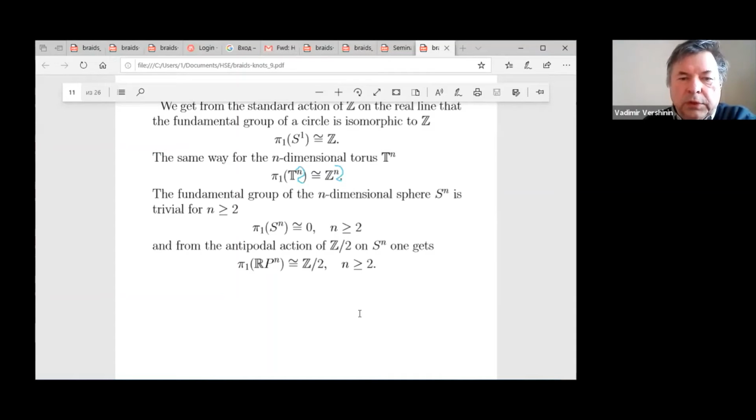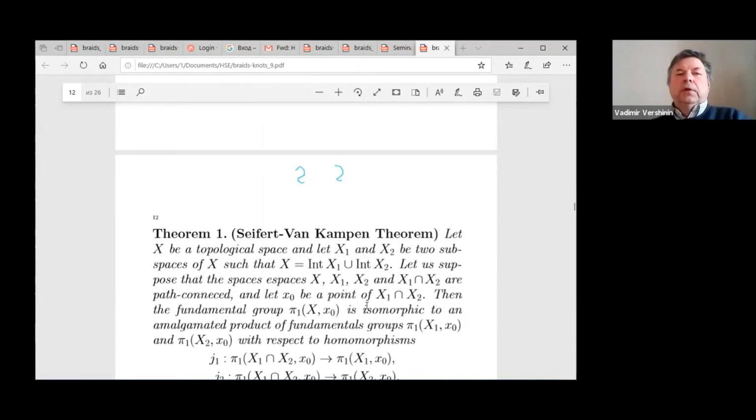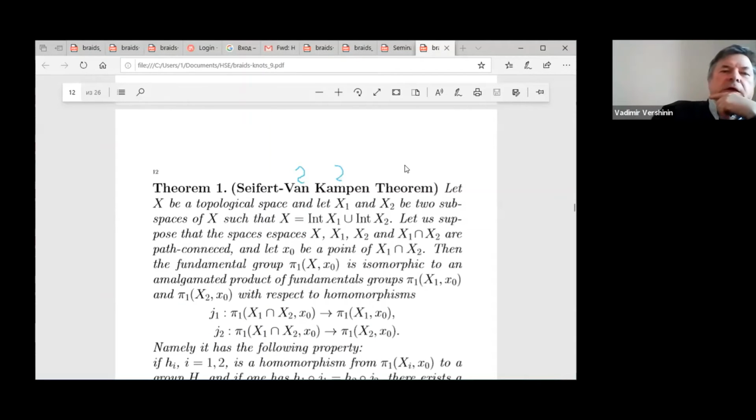And we will need the following Seifert-Van Kampen theorem. Actually, it was considered by the same Seifert who constructed the Seifert surface. Sorry, I made a click in something wrong.